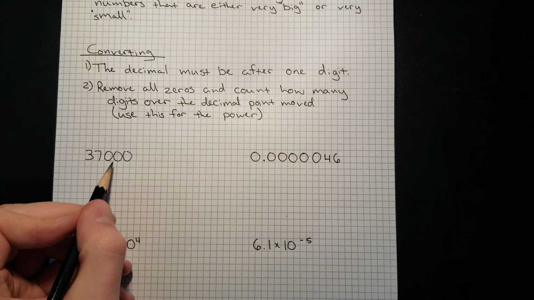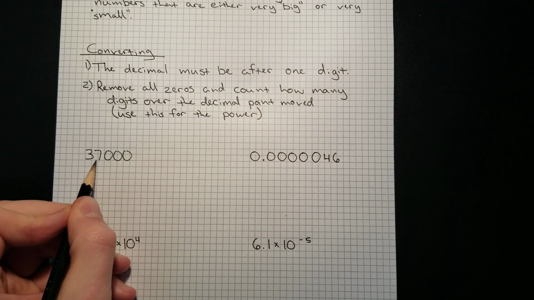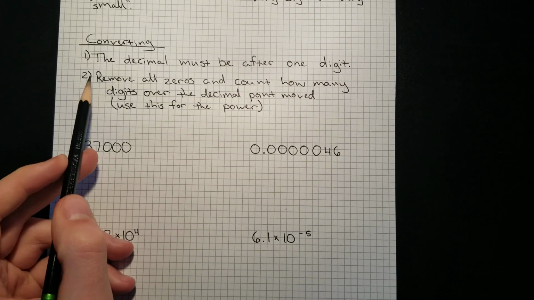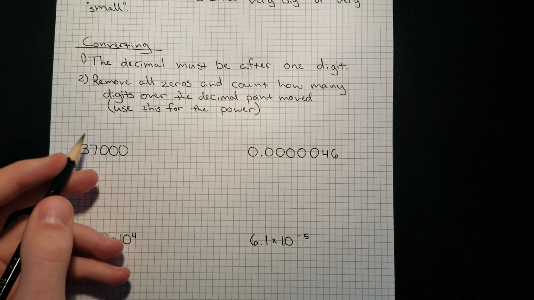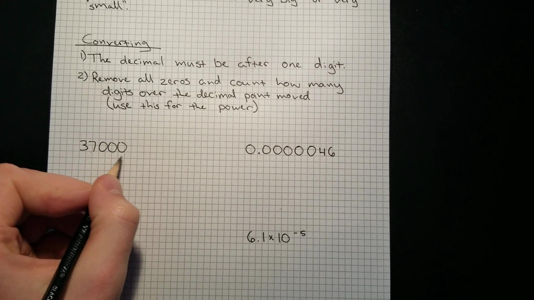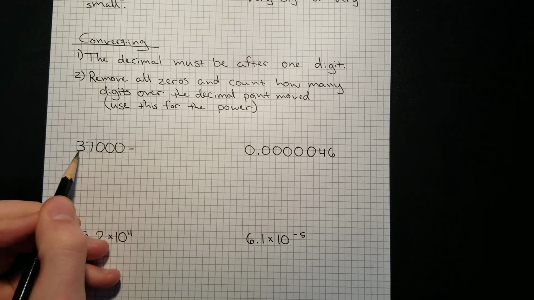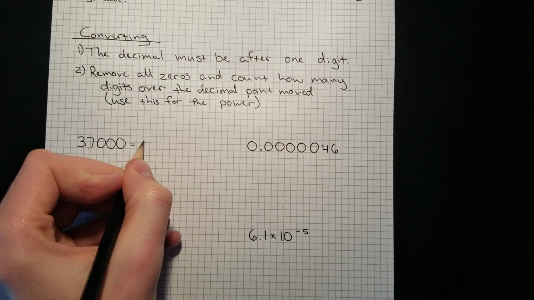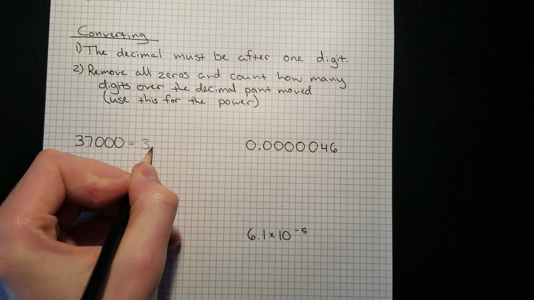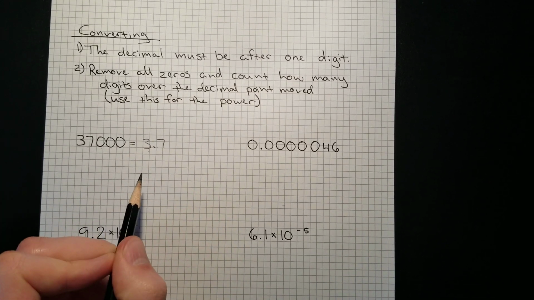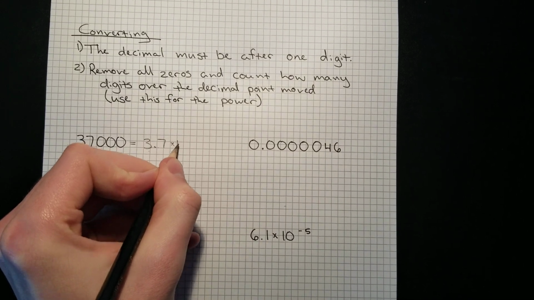First of all, when we're starting with something in standard form, or just a regular number like that, you have to start by moving the decimal after just one digit, and we're going to remove all the zeros. Everything in scientific notation has just one digit in front of the decimal place. So for instance, this will be 3.7. There's one number in front of the decimal. And step two, it's always going to be times 10.